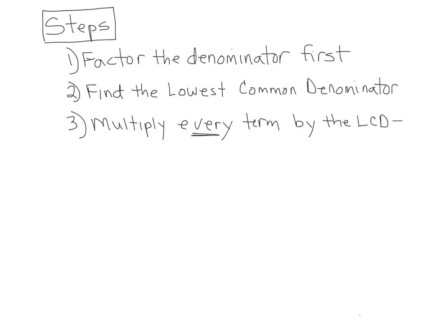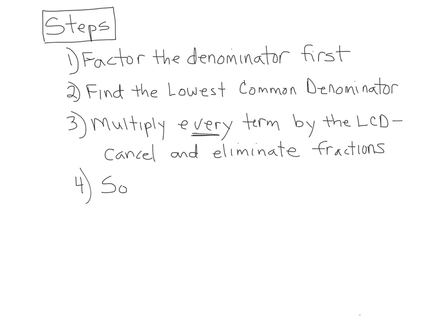And in so doing, you're going to cancel, and that will eliminate fractions. Okay, so you're going to eliminate the fractions. I do believe we've done this before, but not with so much algebra. All right, then from there, you'll continue to solve, but it won't have any fractions anymore.